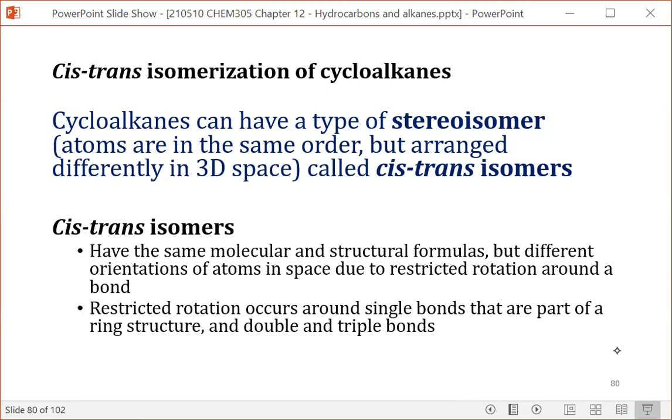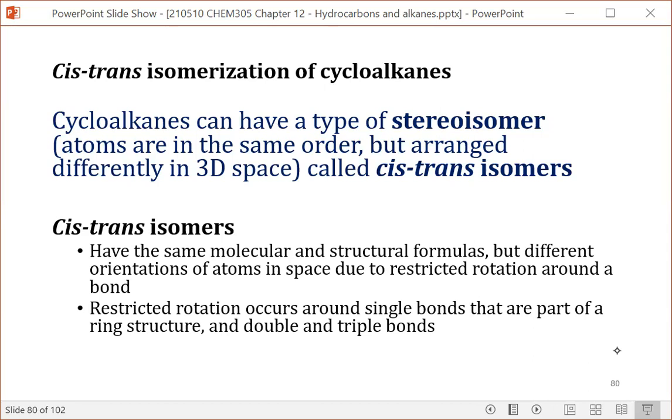So restricted rotation occurs in single bonds that are part of a ring structure or double or triple bonds. So we previously talked about conformers, right? That you could have rotation about a single carbon bond, and you could have momentary or temporary isomers, which we call conformers or conformations.